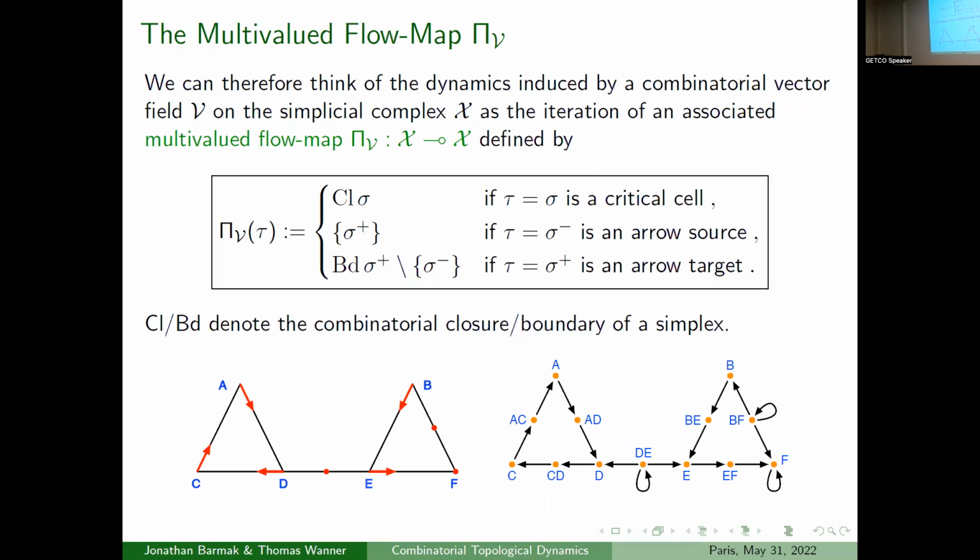There's no choice here. But if I'm sitting at the arrow target, I can move anywhere on the combinatorial boundary of that simplex, excluding the source where I came from. And that is now a multi-valued map. Starting at a certain simplex, I can now talk about where I could go, and I have this multi-valued dynamical system.